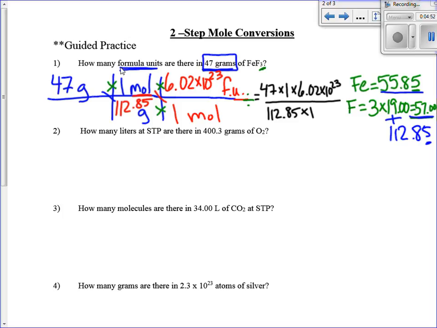When you're punching in the calculator too, you should just do it in one series of steps. So take your 47, punch it in, multiply it by your 6.02 times 10 to the 23rd, then hit enter, and then divide by your 112.85. Do it all in one big grouping there to get your answer. Now we're getting the calculator answer here. What was the calculated answer going to be?